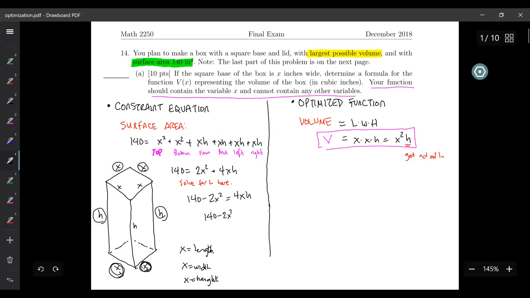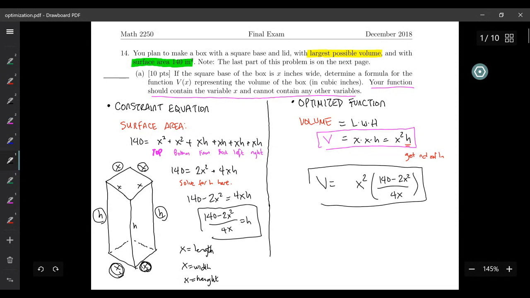So h equals (140 minus 2x squared) over 4x. So now that gets plugged in for h: x squared times (140 minus 2x squared) over 4x. Okay, so this is now your answer for part A.